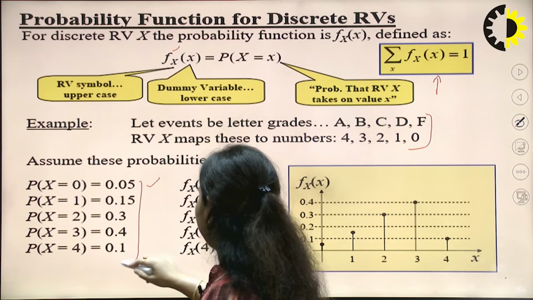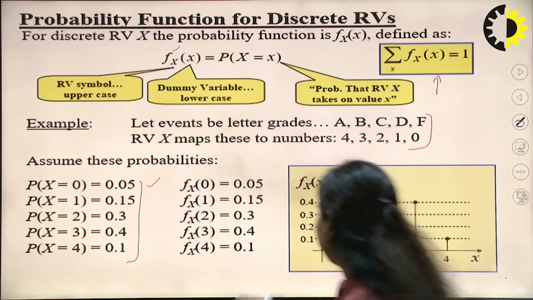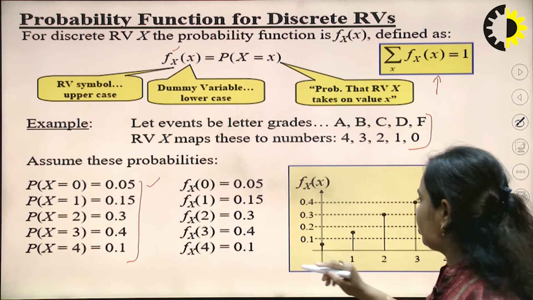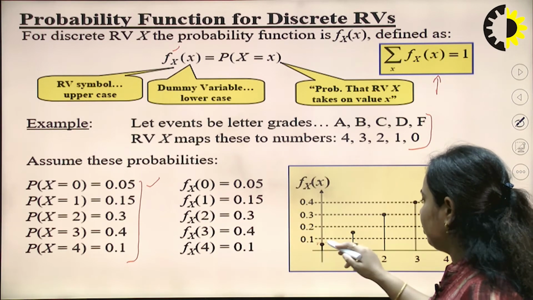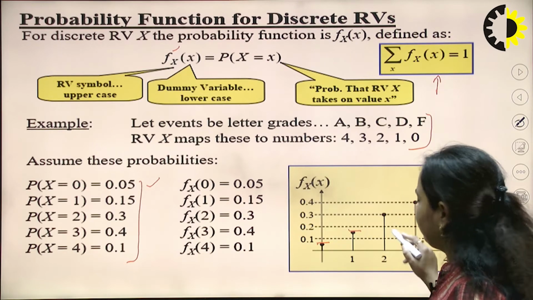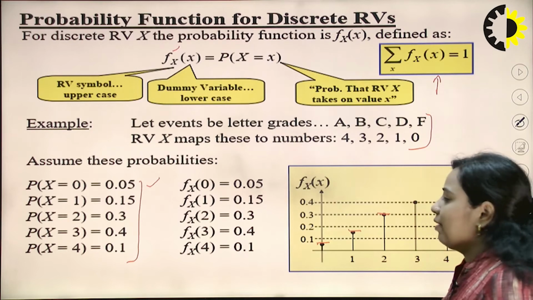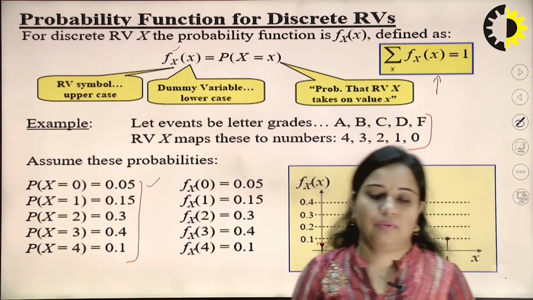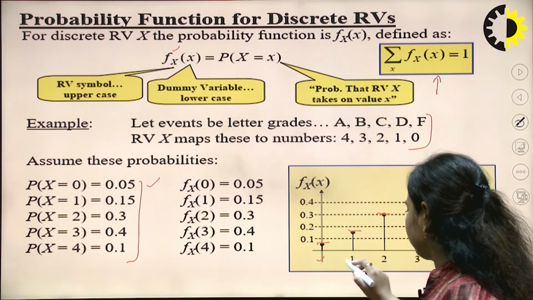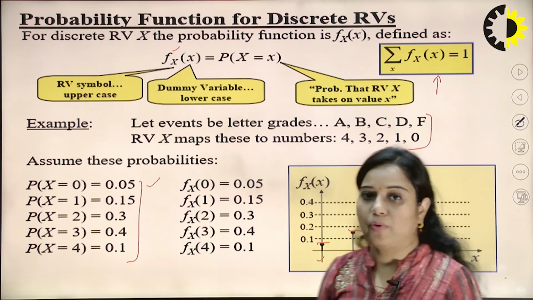These are the values, and corresponding to this we can find the PDF, which can be plotted on this graph. Let us say for 0 it will be 0.05, for 1 it will be 0.15, for 2 it will be 0.3. This is how we can plot the PDF of a given discrete random variable x, defined at discrete points.